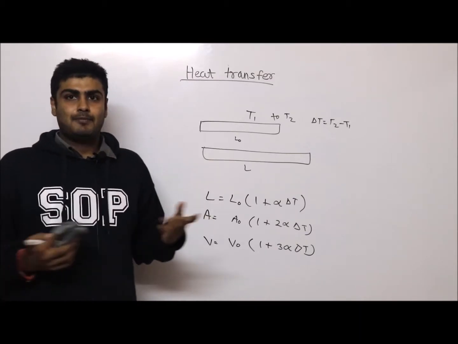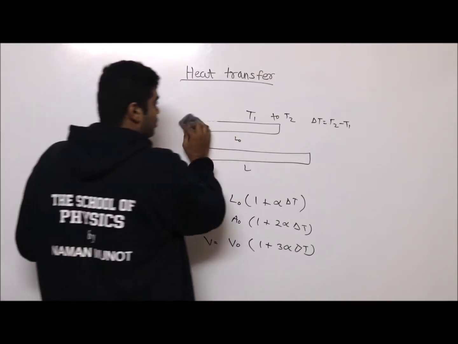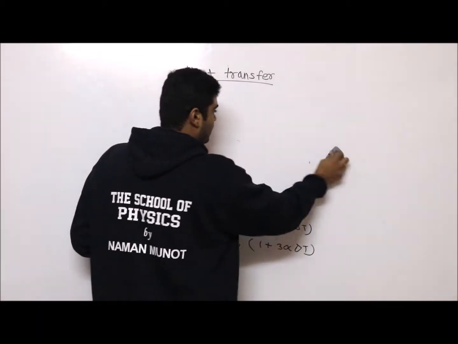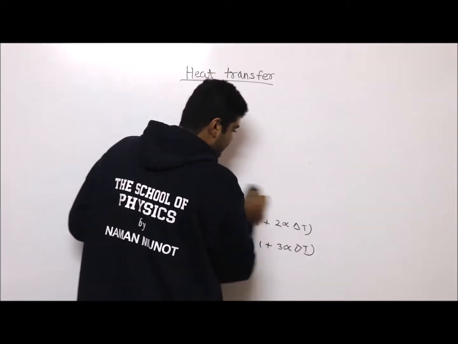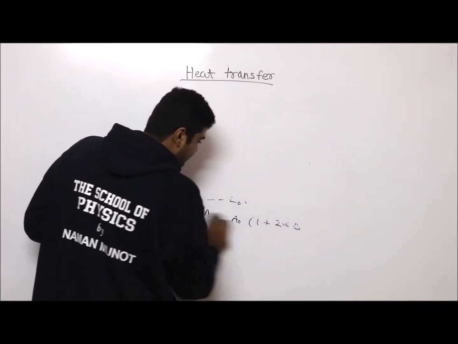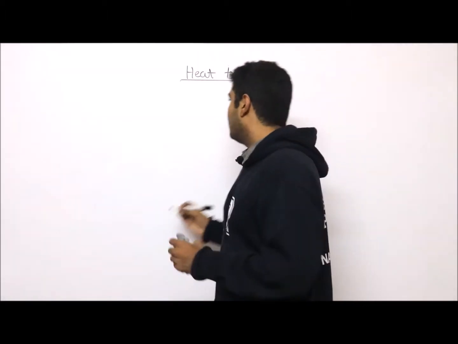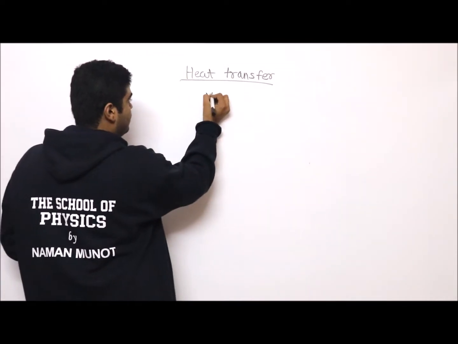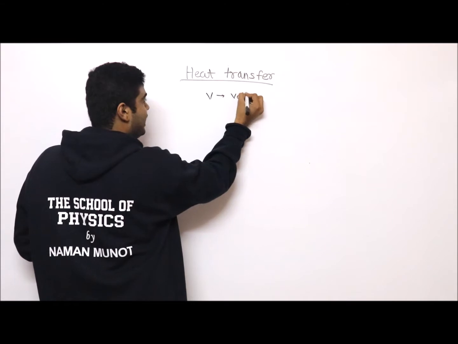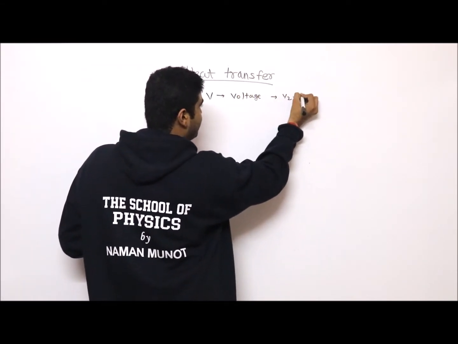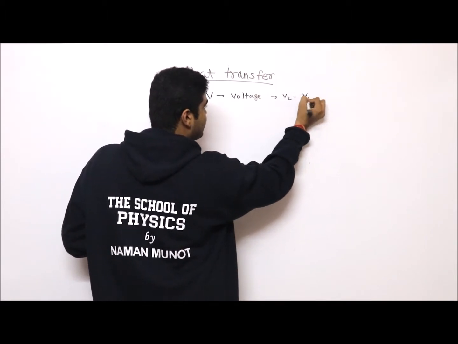This is our expansion. Now I talk about conduction. Conduction is very simple. You remember the formula in current electricity that you studied in class 9th and 10th, V is equal to IR. There V was voltage. Here, instead of voltage V2 minus V1, we'll have T2 minus T1.